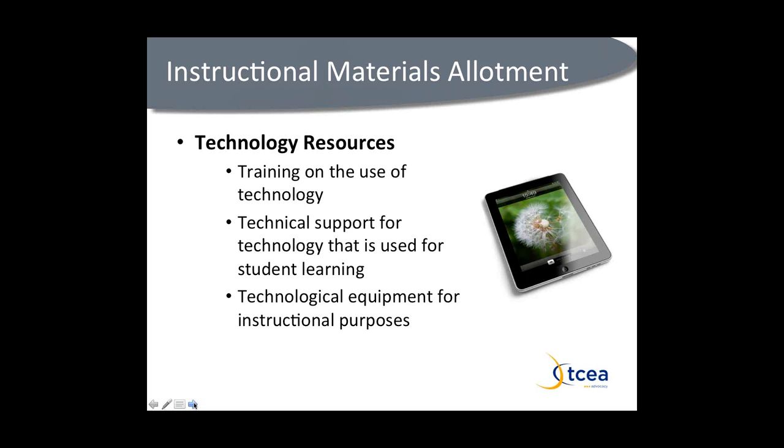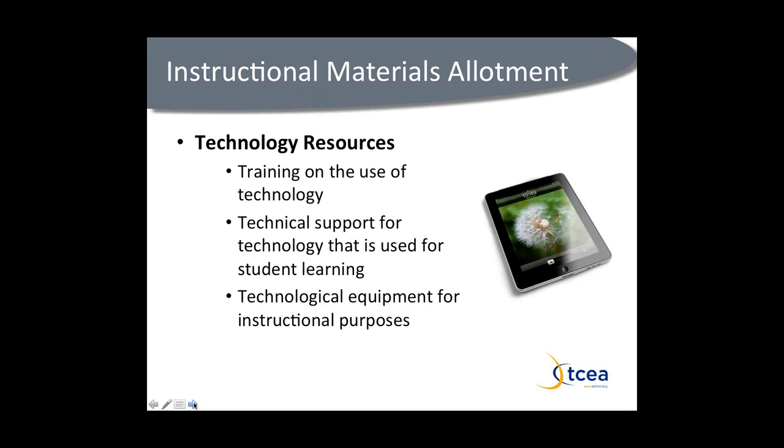I want to end by letting you know that I told you there are two different things that the Instructional Materials Allotment can purchase. One is instructional materials, the other is technology resources. So that's why we're even here at a SMART event, because you can use the IMA to purchase your SMART equipment and resources.